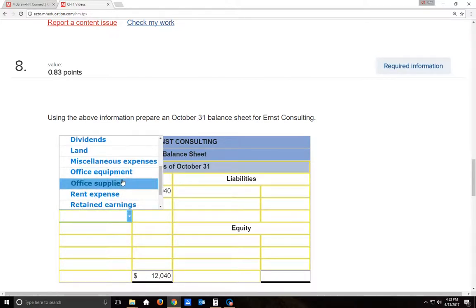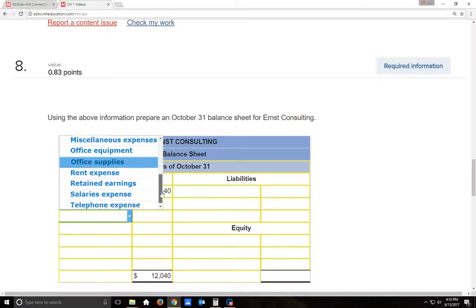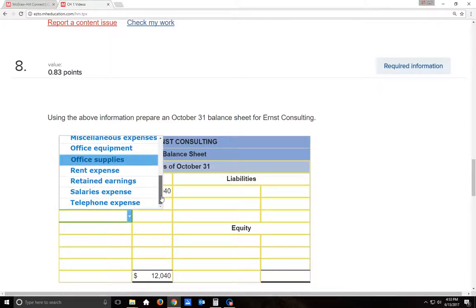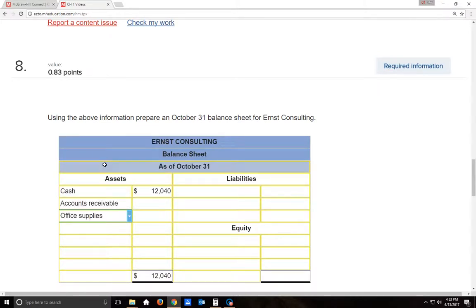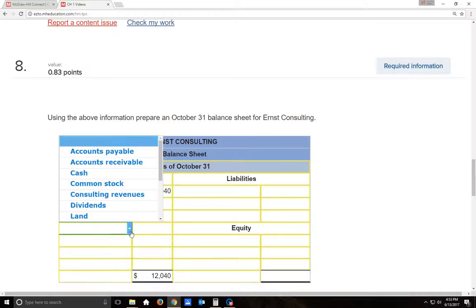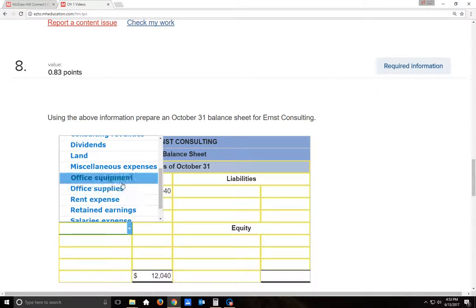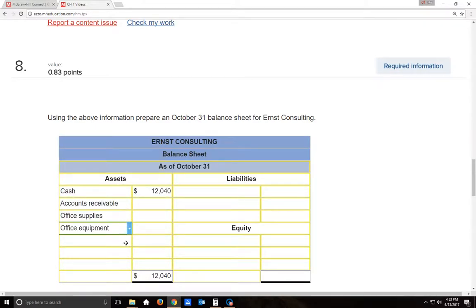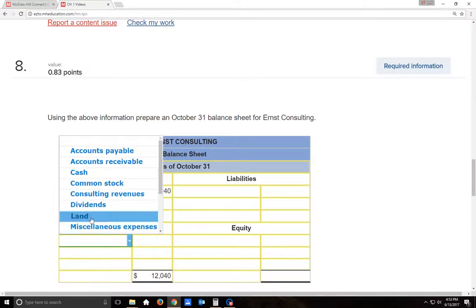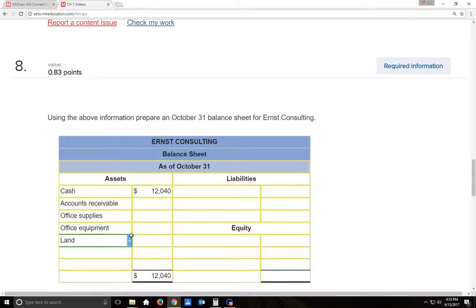Office equipment, office supplies, land. Those seem to be the only three assets we haven't used yet. Office supplies would next be considered the most liquid after accounts receivable. Following office supplies, we have left land and office equipment. Well, definitely office equipment is used up more quickly than land is. And finally, our last asset would indeed be land.